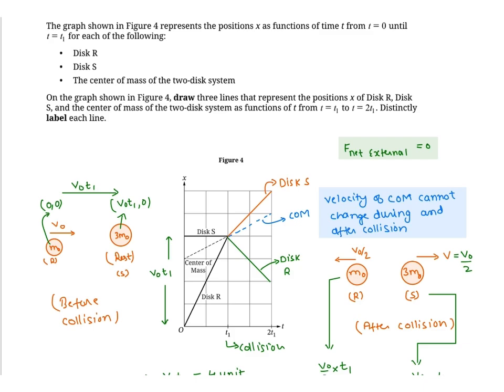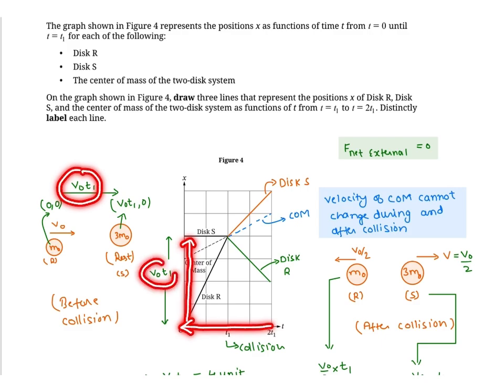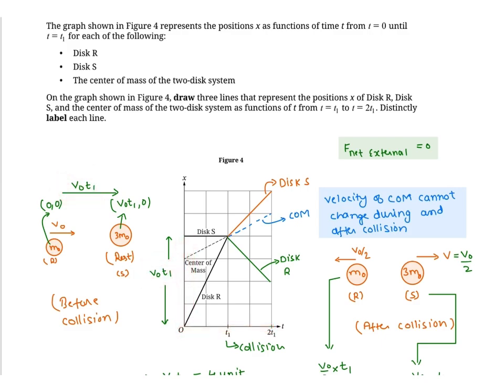So this 3m naught is nothing but disk s. So this is disk s. At time t is equal to 0, its x coordinate was v naught t1 as indicated here. Now, the x coordinate of this m naught or disk r is changing since it is moving with velocity v naught.